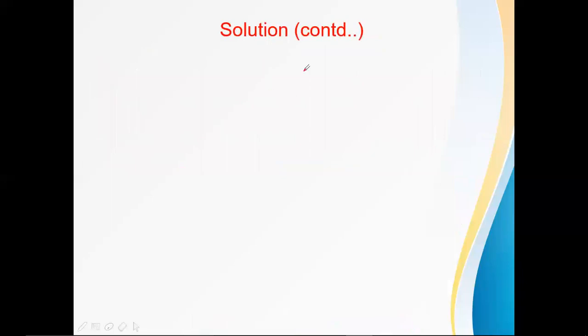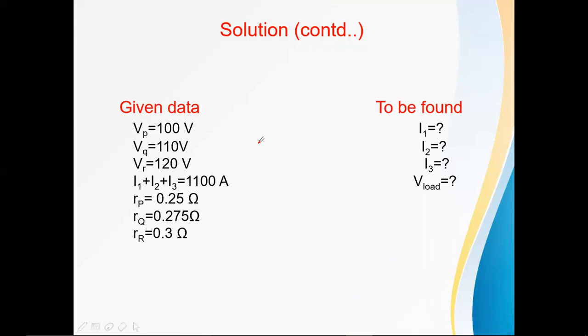Right. Let me move to the solution. In this solution, let me see the given data. Let me write it from an examination point of view. Vp, Vq, Vr mean the voltage at P, Q, R. This is I1, I2, I3, the currents entering the F node.